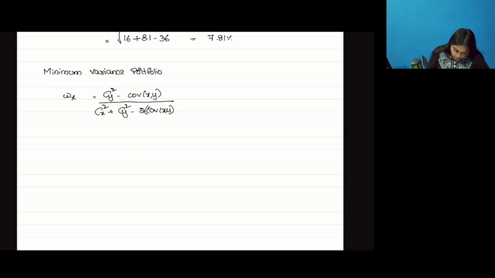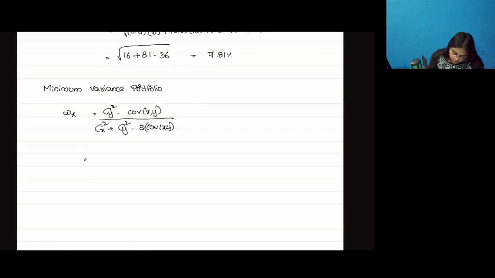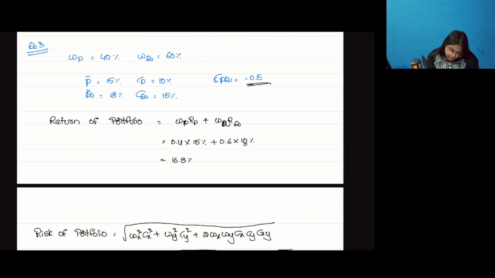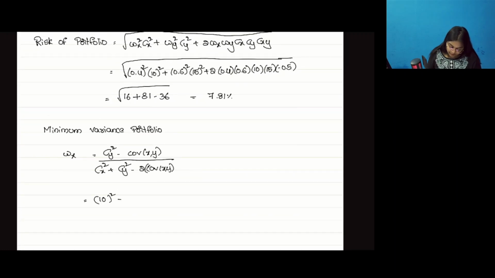So here weight of x equals sigma y square. They have given sigma y equals 10. So 10 whole square minus covariance of x comma y.